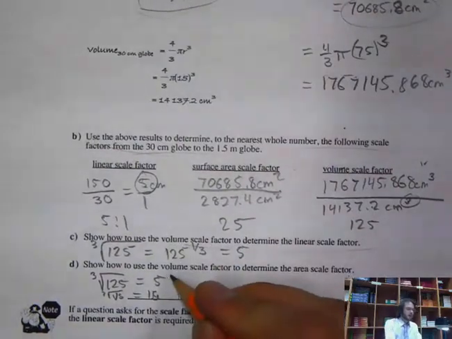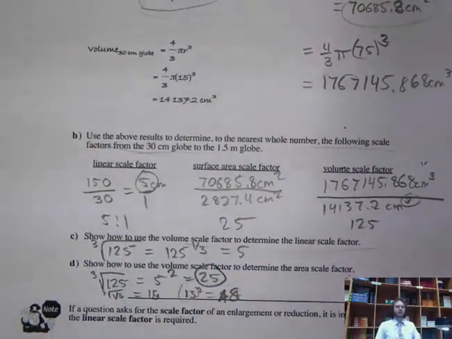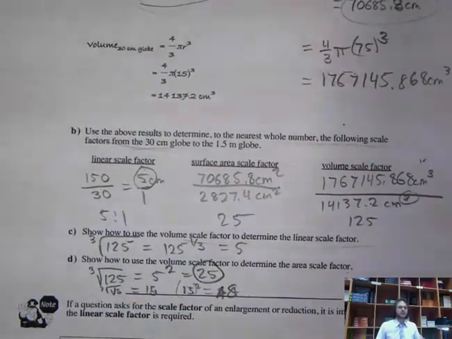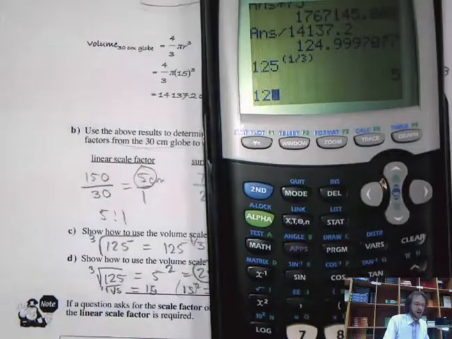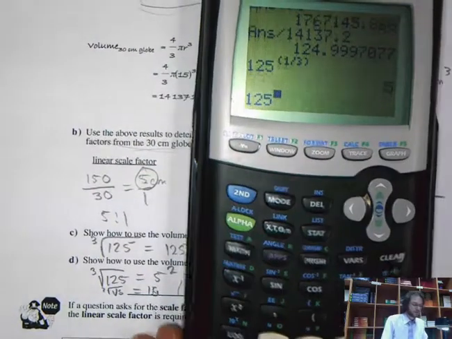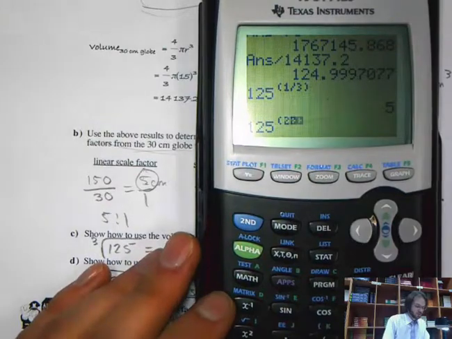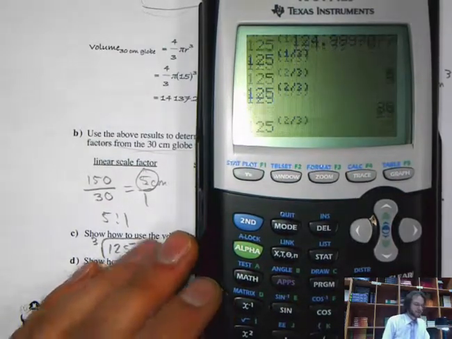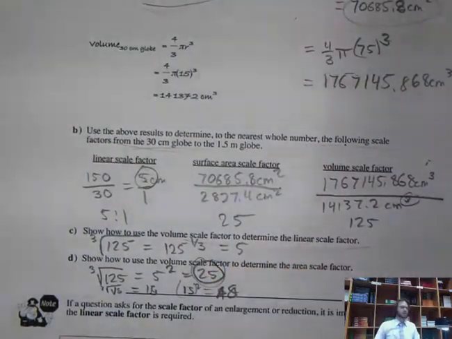Now I square this, and that gives me 25. Or I could have done a shortcut: 125 to the power of 2 divided by 3, and that would give me 25 as well. So 25 is my scale factor.